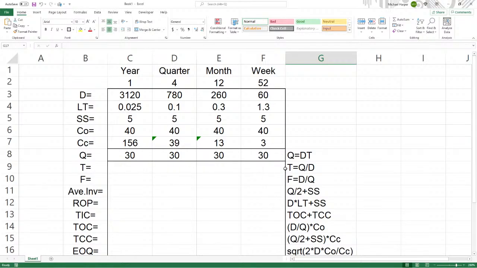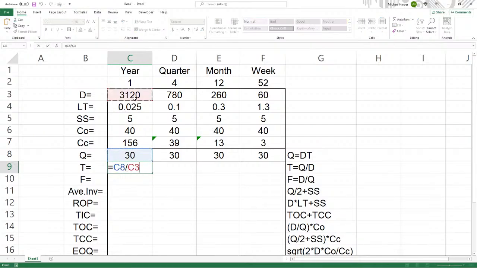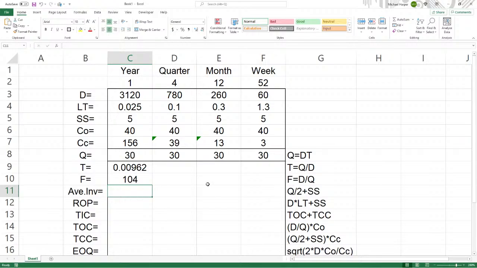So T is Q over D, okay, equals Q over D, okay. F equals D over Q. Okie dokie. Average inventory equals Q over 2 plus my safety stock. Okie dokie.